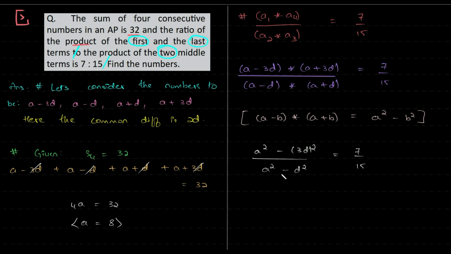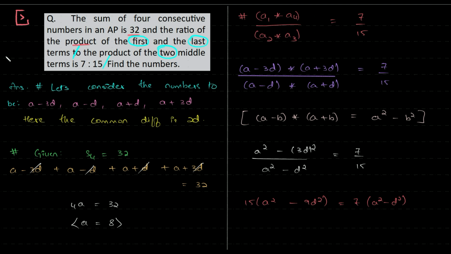We won't substitute 8 because we can simplify this a bit more. So 15 times a square minus 9d square is equal to 7 times a square minus d square. I've used ab whole to the power of n, which is a to the power of n into b to the power of n, so I have to square 3 and d.